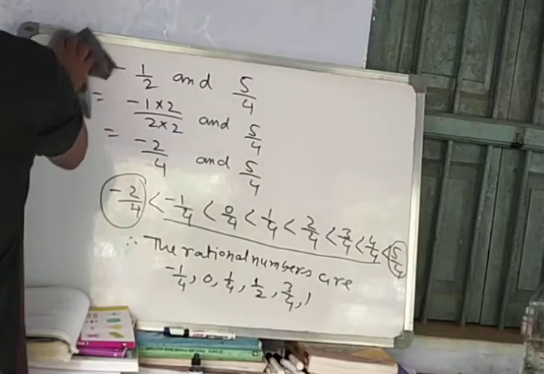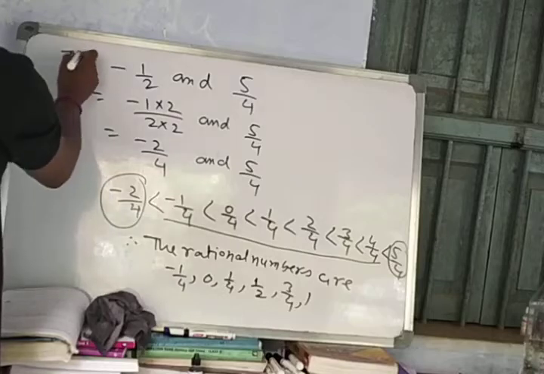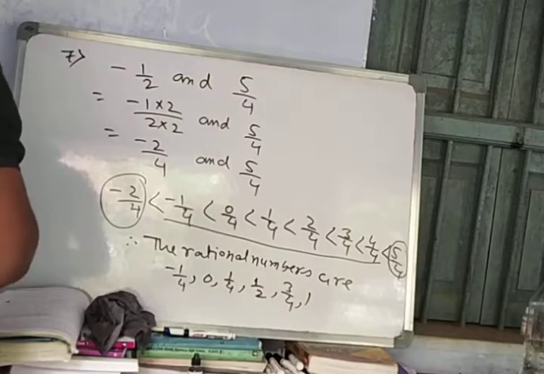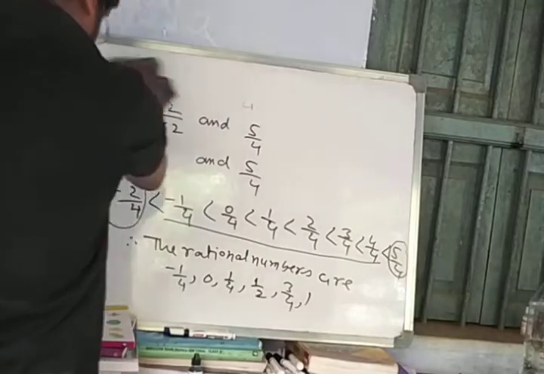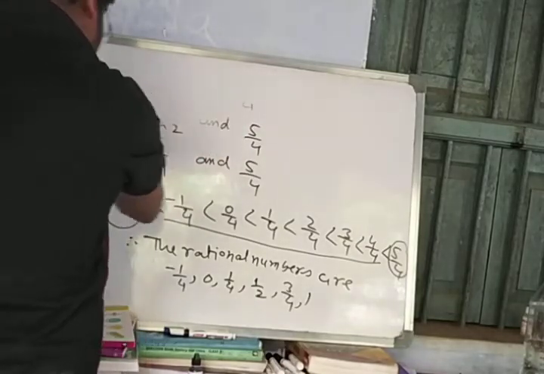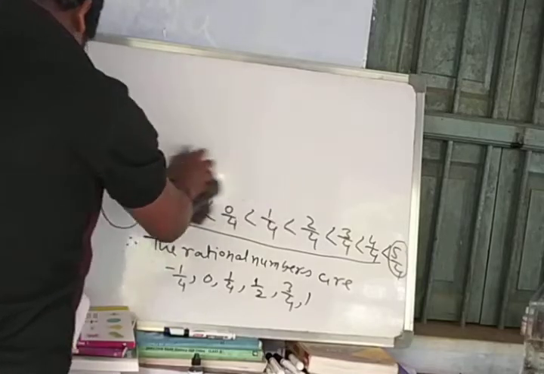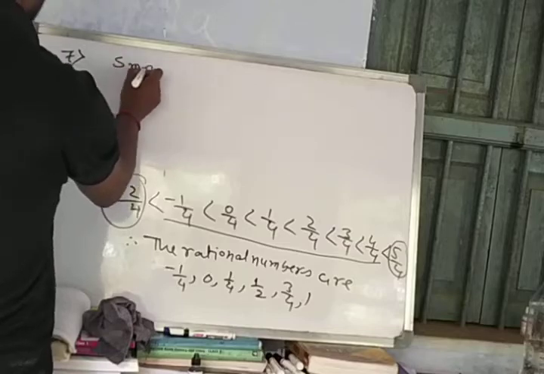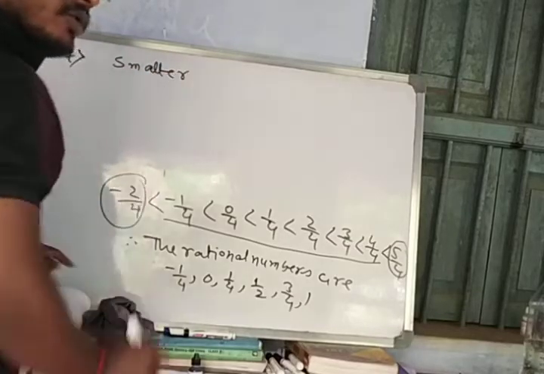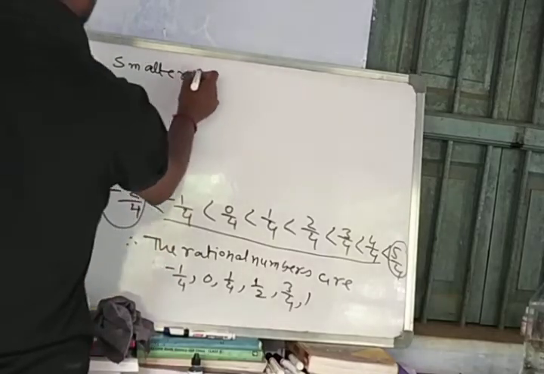Next, number 7. Write 5 rational numbers which are smaller than minus 4. Smaller than minus 4. 5 rational numbers which are smaller than minus 4.